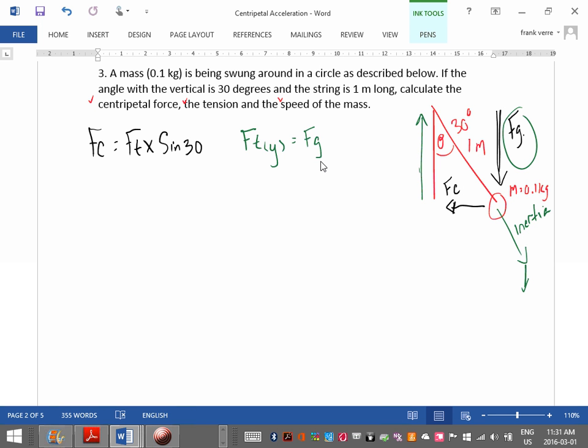It has to equal 0.1 times 9.8. So we know that this is 0.98.